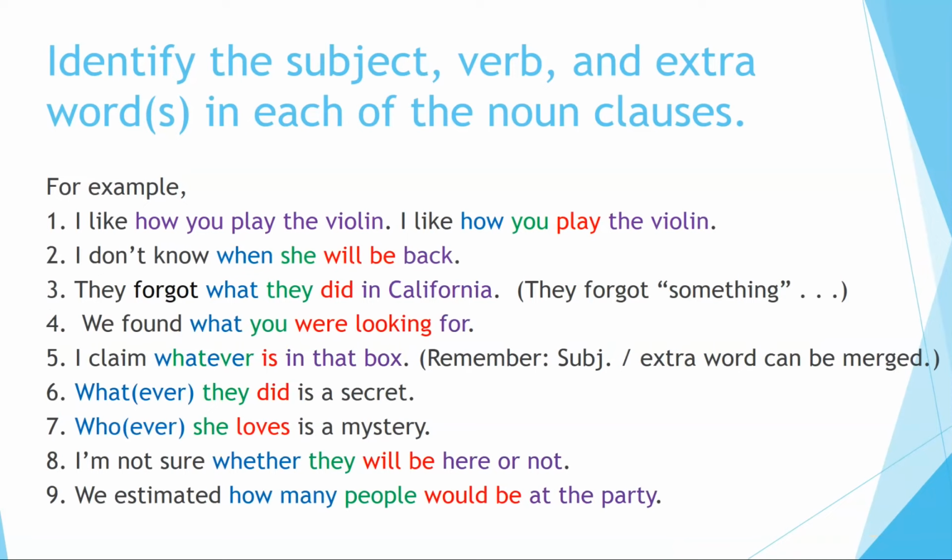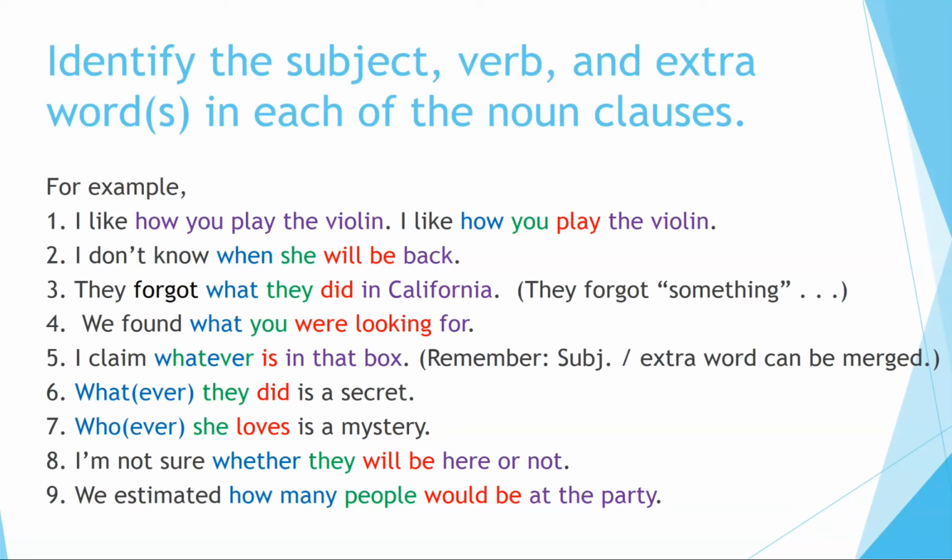Identify the subject, verb, and extra words in each of the noun clauses. Number 1, I like how you play the violin. We use colors to explain that. Number 2, I don't know when she will be back. When is the extra word, she is the subject, will be is the verb. 3, they forgot what they did in California.